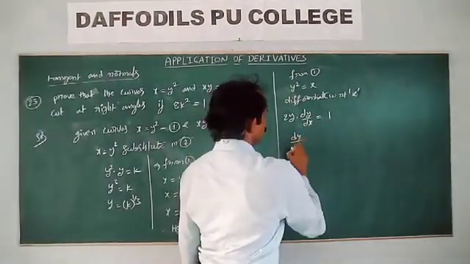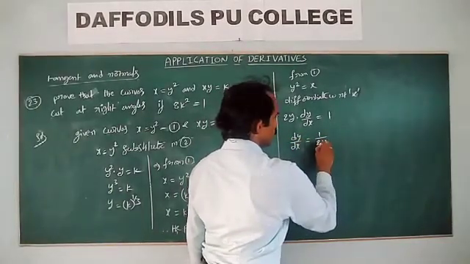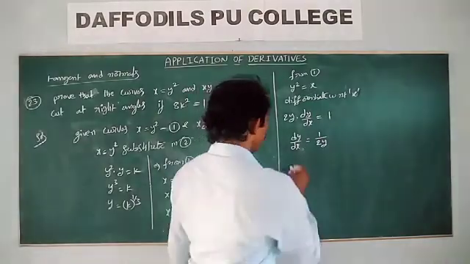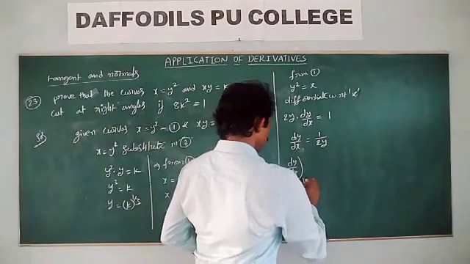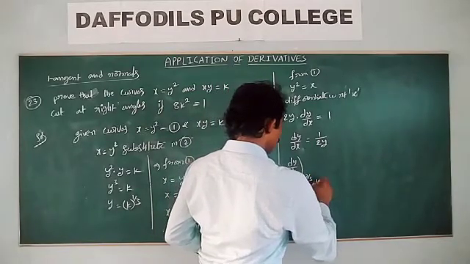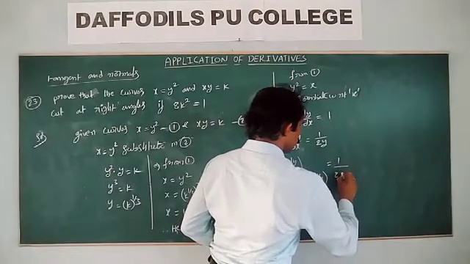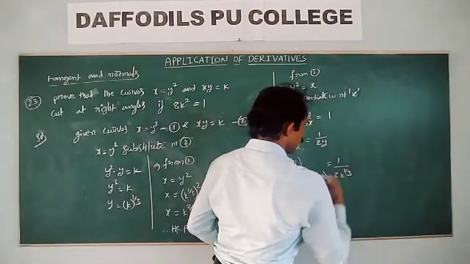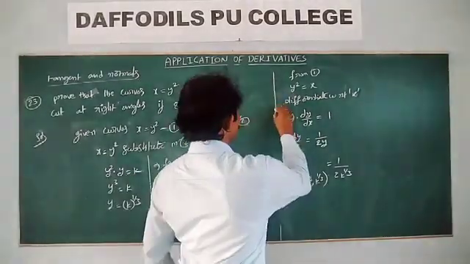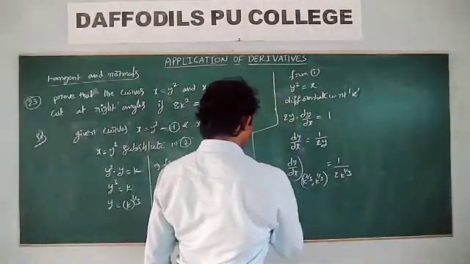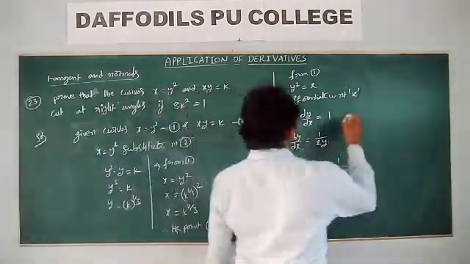Therefore, dy by dx is equal to 1 by 2y. At k power 2 by 3 comma k power 1 by 3, it is 1 by 2 into k to the power of 1 by 3. Let this be m1.